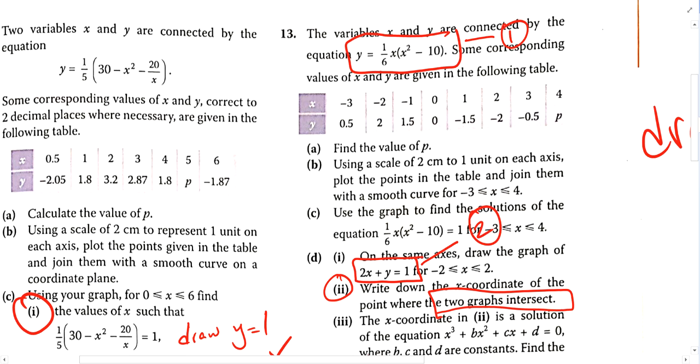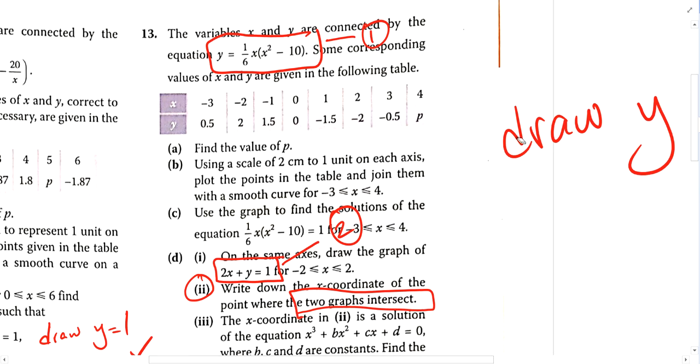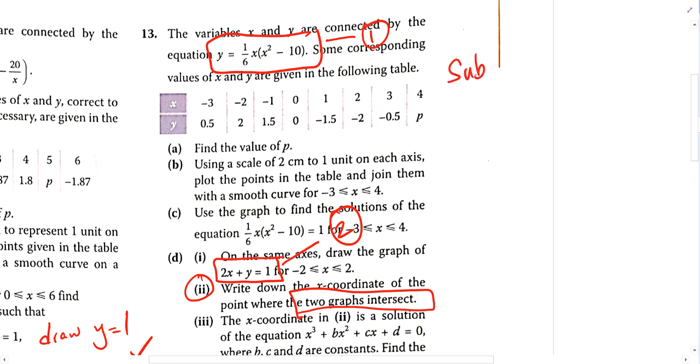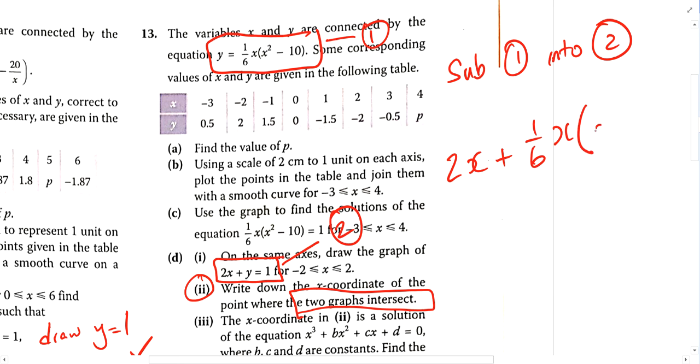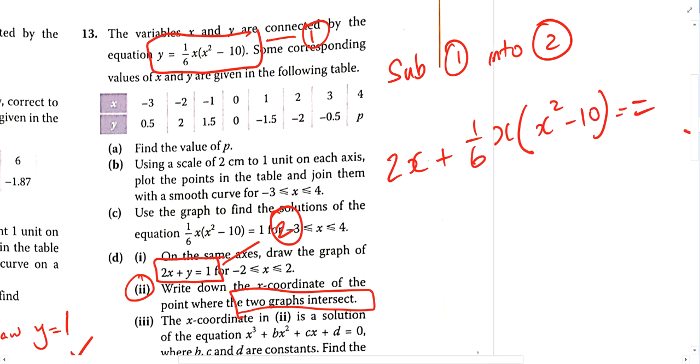Okay, so solving them, what would you like to do to solve simultaneous equation 1 and 2? Sub 1 into what? Sub 2 into 1. I think 1 into 2 is easier. Okay, so we have 2x plus 1 over 6x, x squared minus 10 equals to 1.